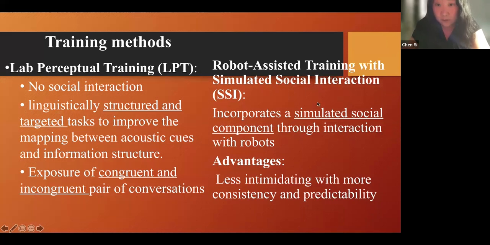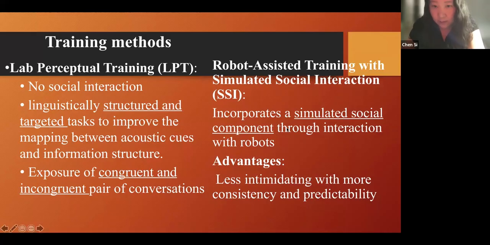And for the robot-assisted training, we have also incorporated a simulated social component. So we need the trial participants to ask questions, and the robot will answer questions. And we hope that during the interaction, they would improve in the use of speech prosody.